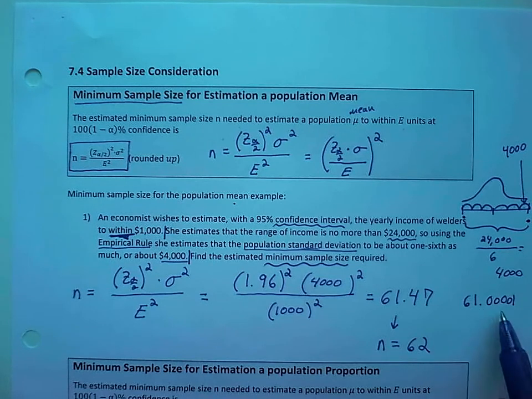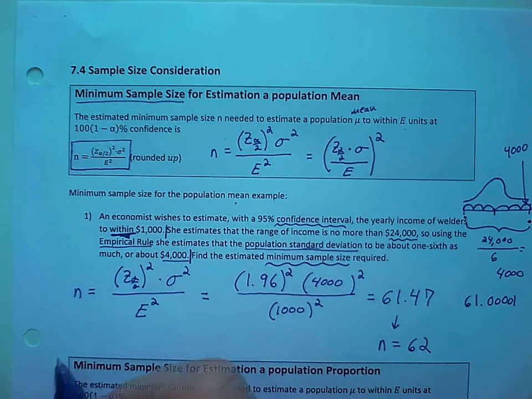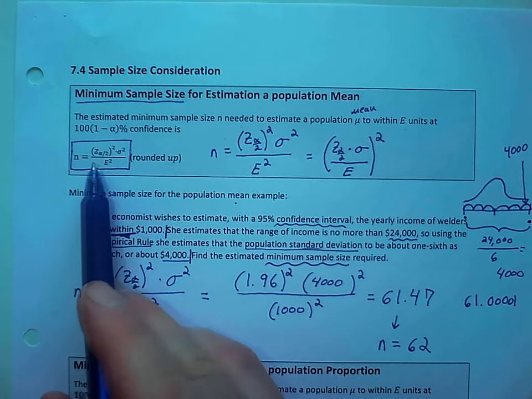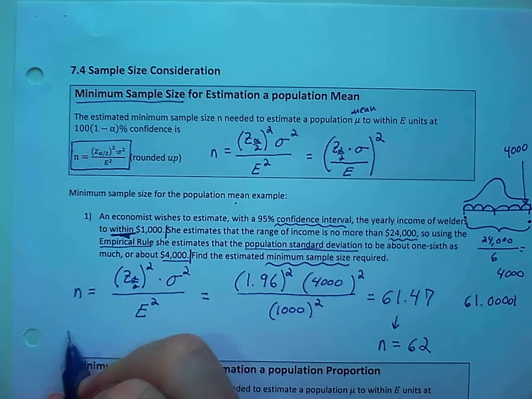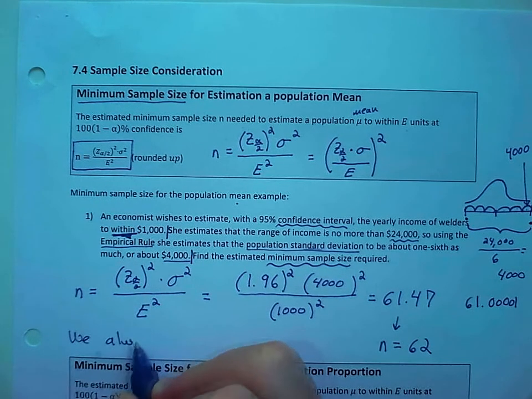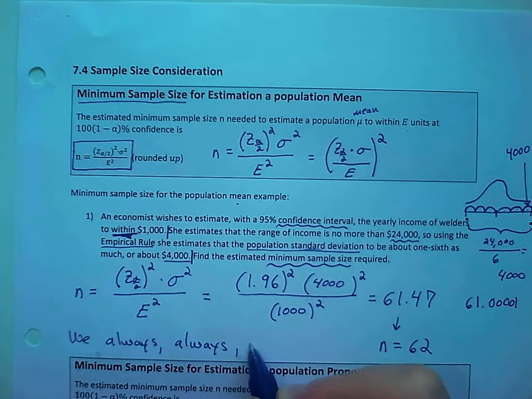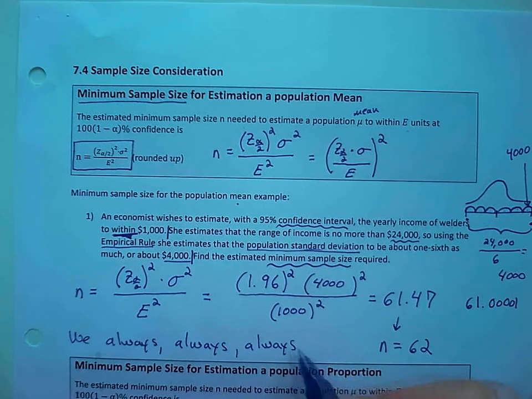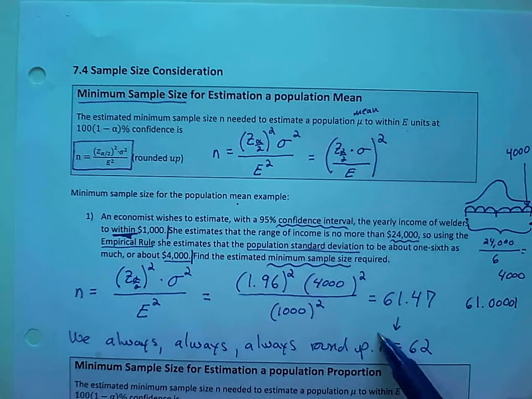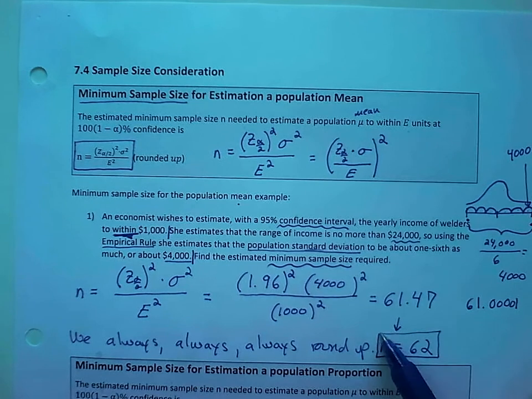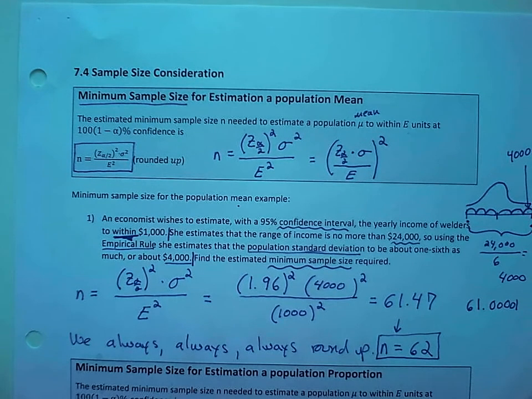So regardless of what the decimal place is, you always round up. So whenever we're calculating out the minimum sample size, we always round up. So that's how we got to our final answer, that our minimum sample size is 62.